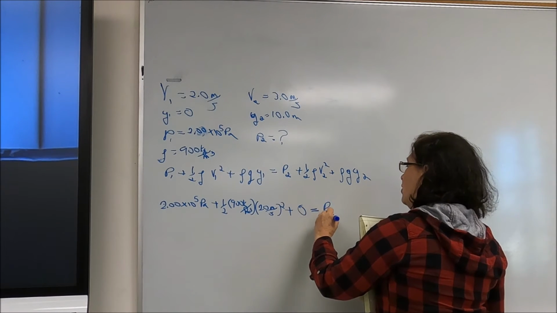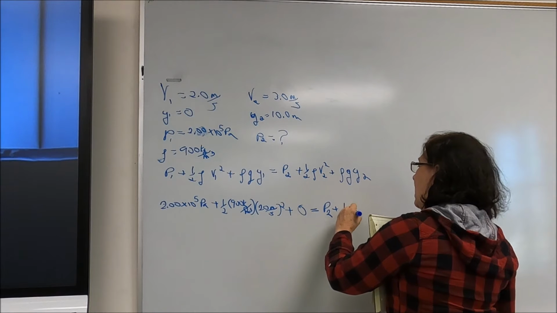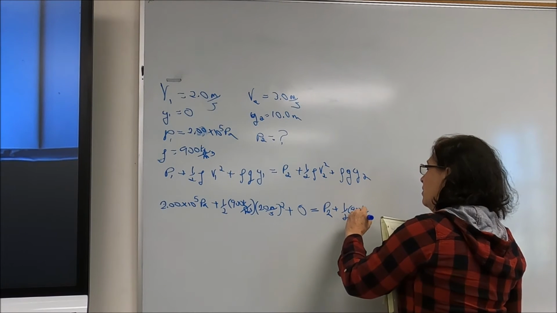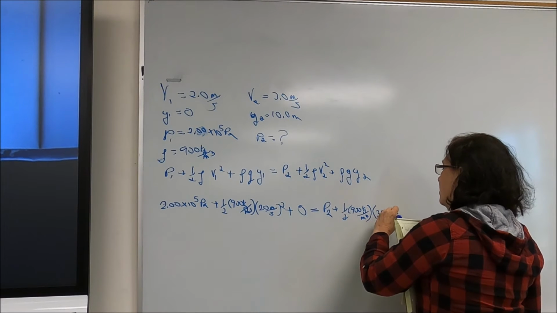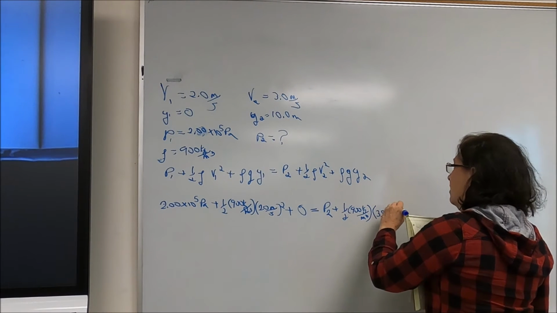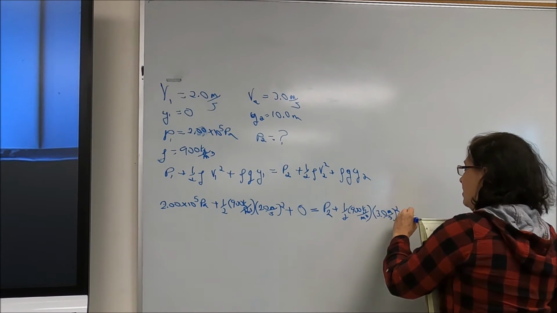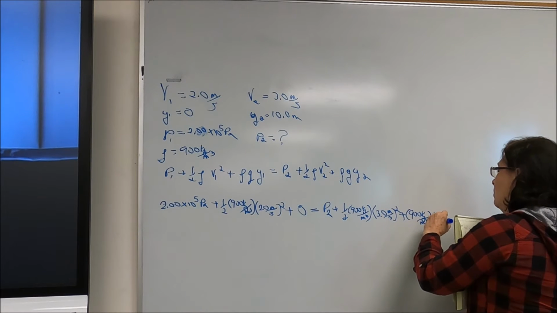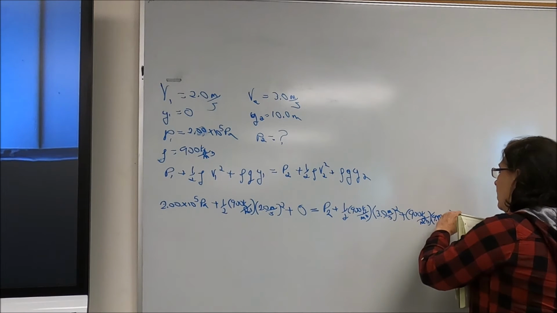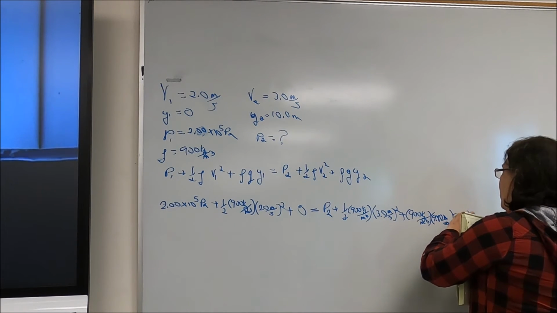Has to equal P2 plus 1/2 times 900 kilograms per meter cubed times 3 meters per second squared plus the density, 900 kilograms per meter cubed times 9.80 meters per second squared times 10 meters.